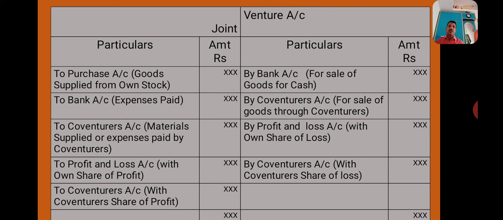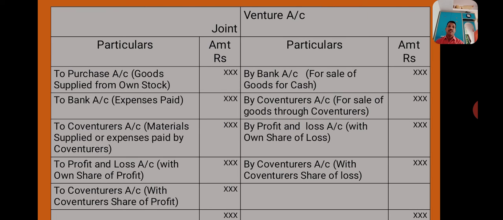And then to bank account, that is for the expenses paid by our own cash or bank. And then to co-ventures account. Here, to co-ventures account is on the debit side.